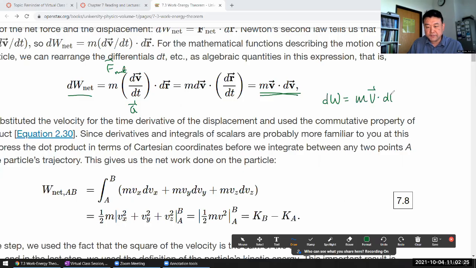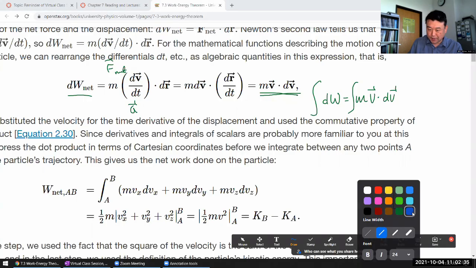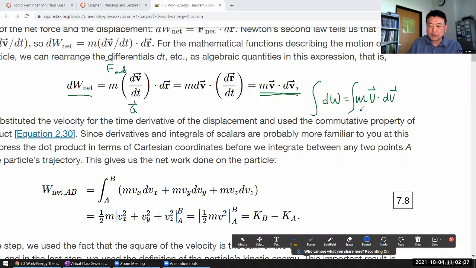m v dot dv. And you're trying to integrate, find the antiderivative, and the kind of thing that physicists would be comfortable with saying is, okay, I'm looking for an antiderivative, so I'm looking for a thing where if I take a derivative, I'll get this.